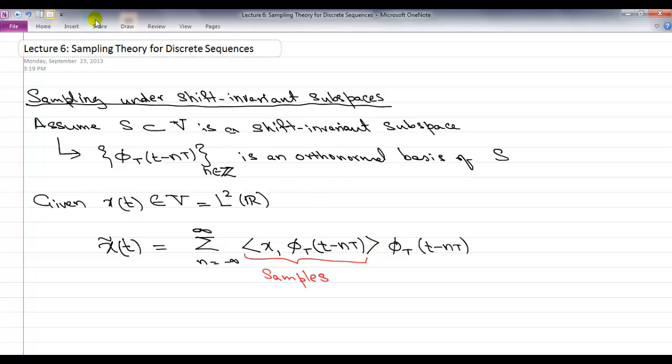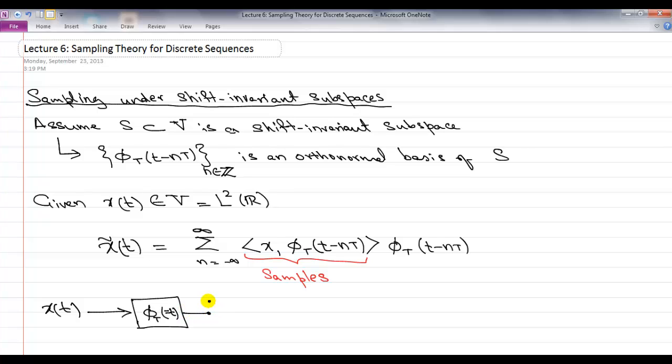The hardware implementation of that is given by the fact that we saw that the inner product can be expressed as first a filtering operation followed by sampling. So these samples can be obtained by having x of t coming in, and filtering it by a pre-filter which is given by the time reversed version of your generator function, which gives rise to the basis.